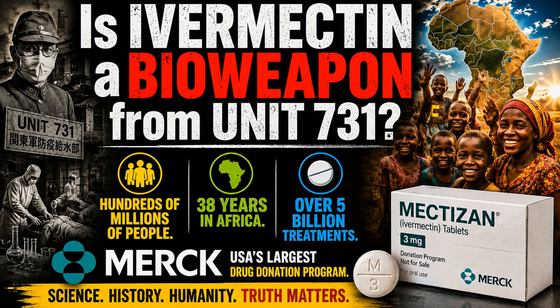The overwhelming majority of more than 5 billion donated human treatments since 1987 have been distributed through mass drug administration programs in Africa, with additional campaigns in Yemen and formerly endemic regions of Latin America.